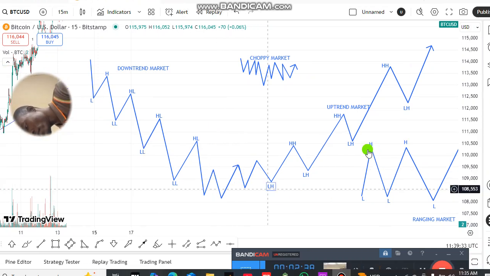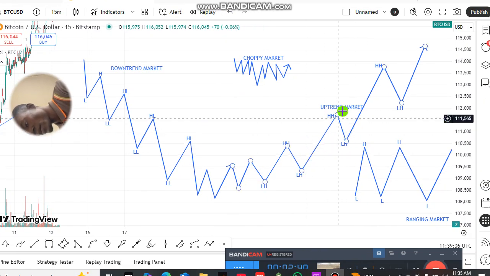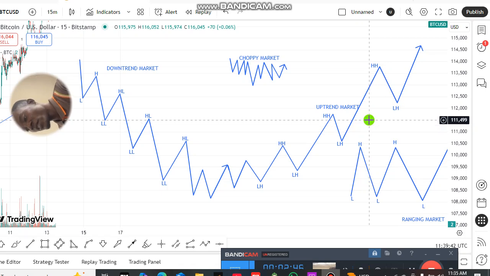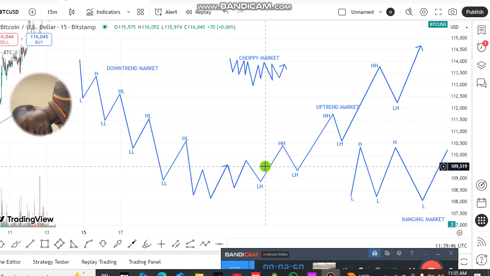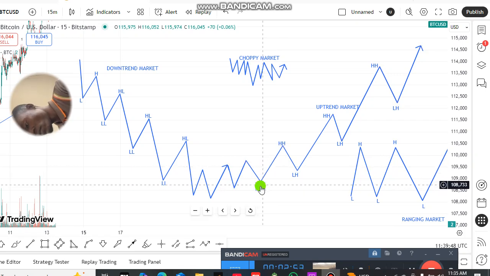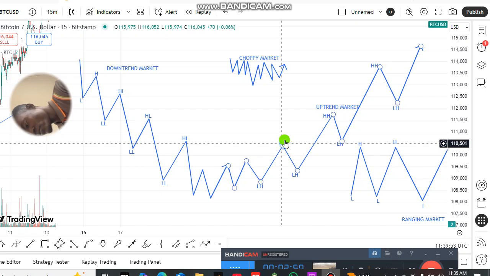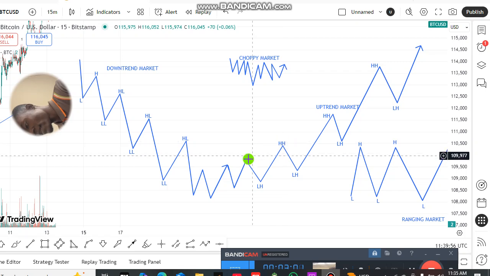Now, the next type of market structure I want to talk about is an uptrending market. In an uptrending market, the market makes a higher high formation and then a higher low formation. So first of all, this is a low, and the market moves impulsively to the upside to make this particular high. This high is higher than the previous high.